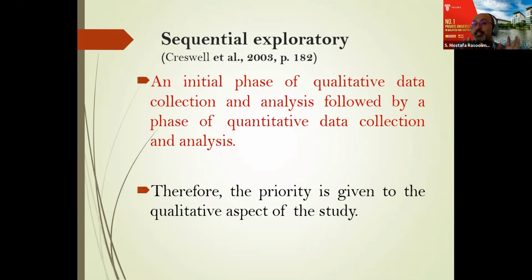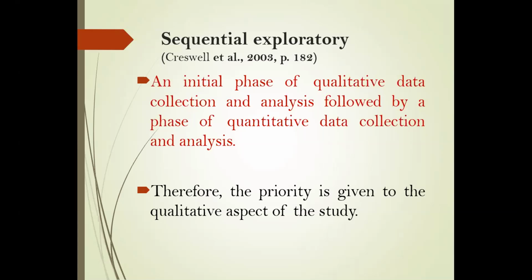So we don't analyze and interpret results only in the last stage. To start quantitative, we need the result of qualitative, so we have to analyze. So this sequential exploratory takes time because we need to collect data in two different phases. And this cannot happen concurrently, right?